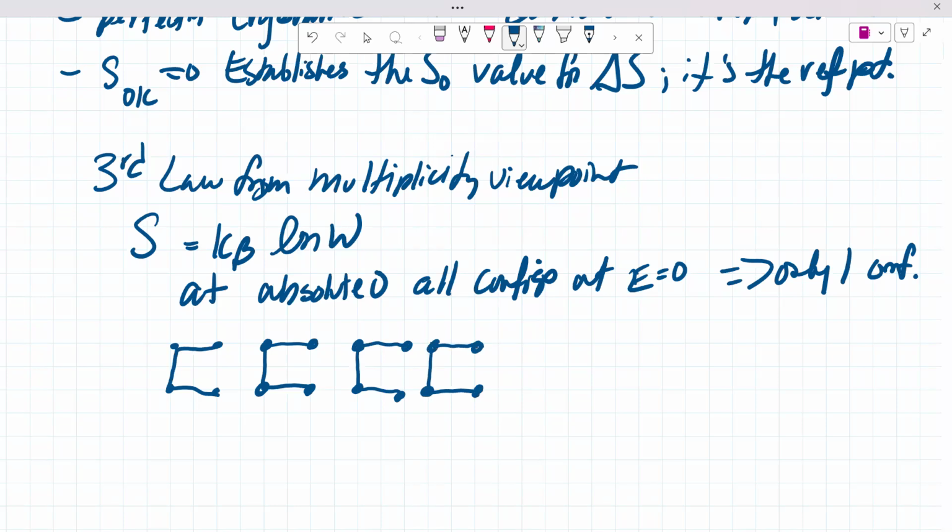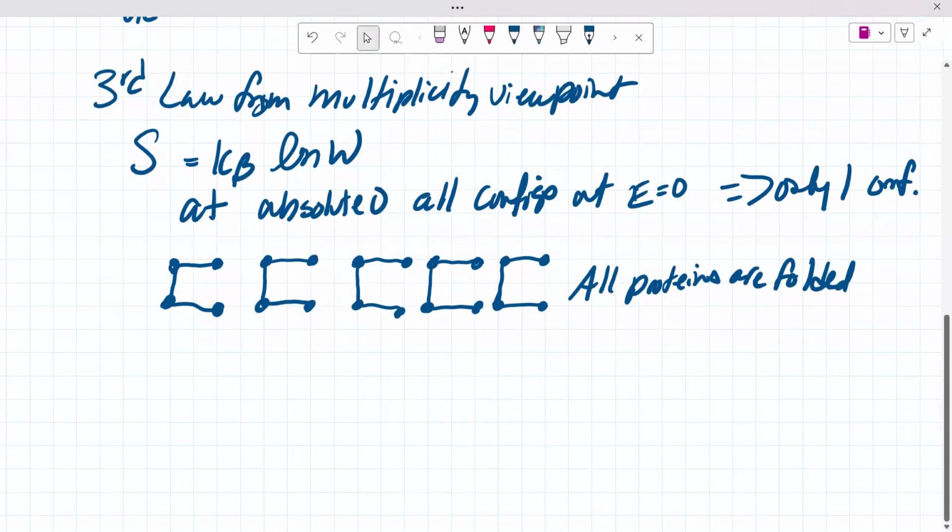So here we have a collection of lattice proteins, all folded. In the lab, when you have a colder temperature, what do you do to keep your proteins from unfolding? You put them on ice. Why? Because when it's colder, there's less entropy and they stay folded.